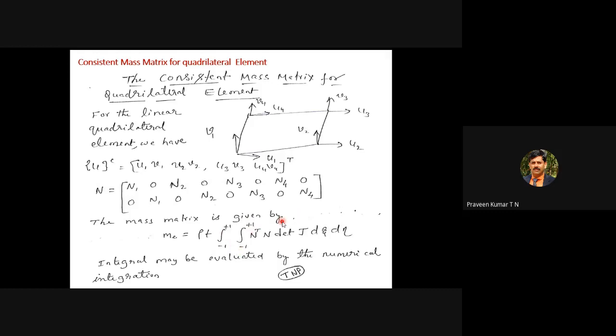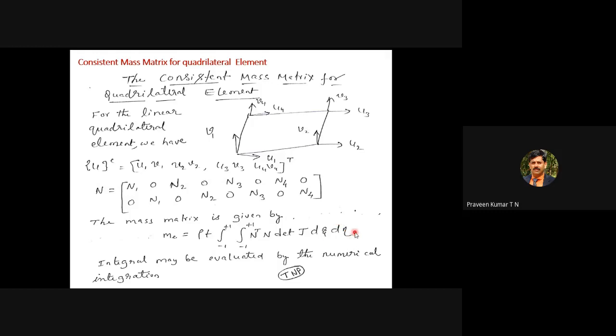Most of the time when you are calculating the area, you have to go for the double integration. Same formula, N transpose N. But here we have determinant of J into d xi into d zeta. We have dx and dy. The dx and dy is replaced by determinant of J into d xi into d zeta.